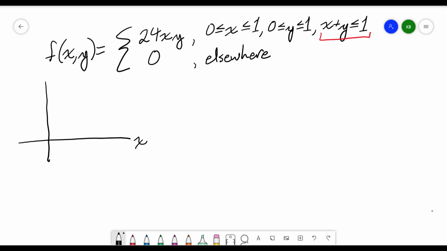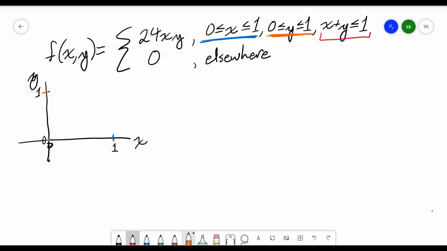So I'm going to have my x and y axis. Each are going to go from 0 to 1. And my x variable is going to go from 0 to 1. My y variable will go from 0 to 1.